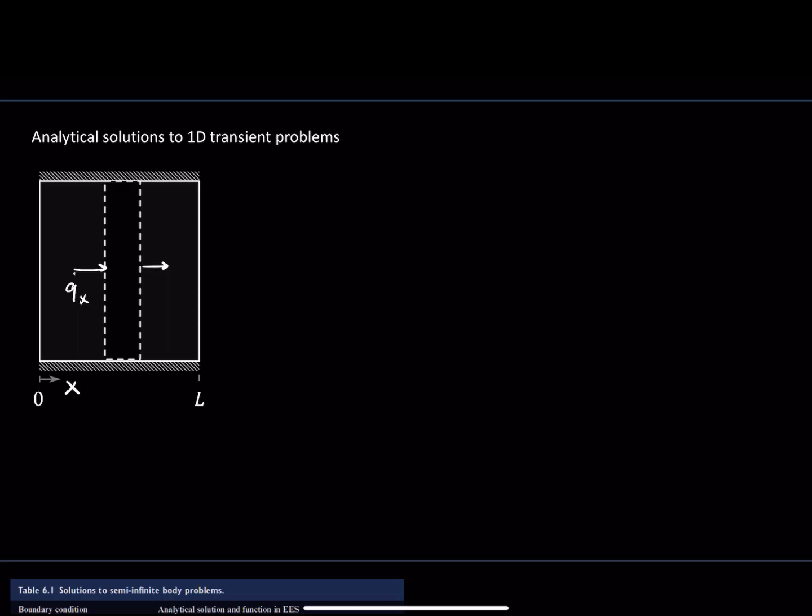I didn't draw this control volume so that it arbitrarily included all the temperature profile. This has to apply everywhere. So we do have Q dot at x plus dx occurring. The width of this, let's call dx, as we always do. And then we're going to note that in here, there's internal energy change. So first we do the CV analysis.